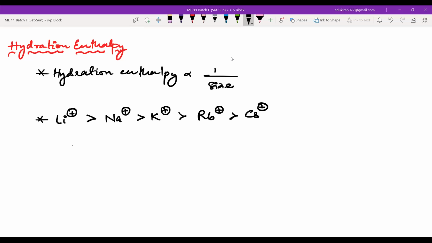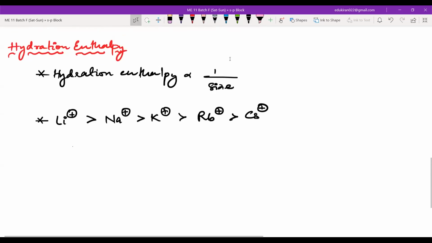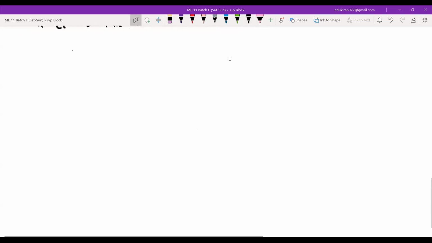Now we will look at the hydrated ion and the size of the hydrated ion. If I look at lithium positive, we have a small positive charge and there are water molecules around it.